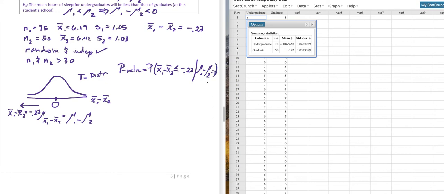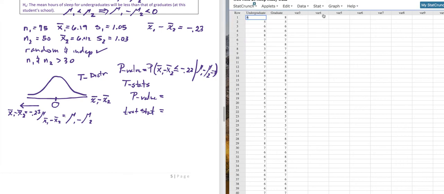Or we could have written under the condition that mu1 equals mu2. Either way is perfectly fine, no worries. All right, we're going to use our t-stats function in StatCrunch to get both our p-value and our test statistic. So let's head on over there.